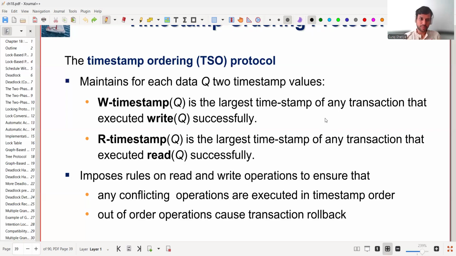That was the core idea behind whether I should allocate the lock or not, and whether this instruction continues or will have to wait on some other transaction which is holding on to certain locks. Here it's different. Here there are two things: a write timestamp and read timestamp, like I was mentioning before, and there's no waiting here at all. If there is a conflict, then we'll abort and we'll restart. Okay, that's the idea. So let's define what is a conflict here.